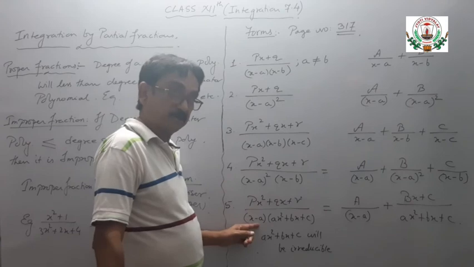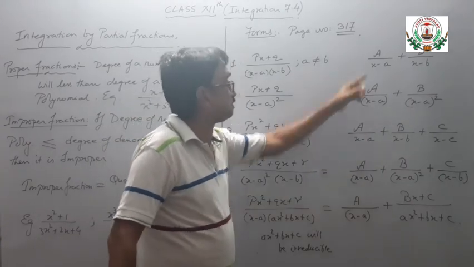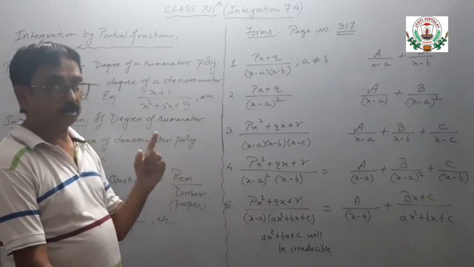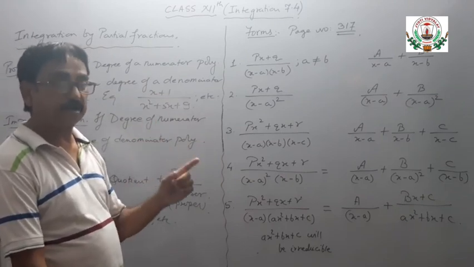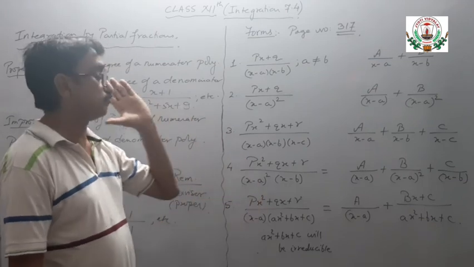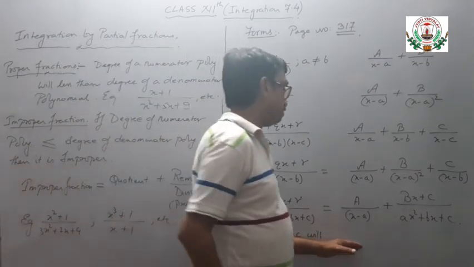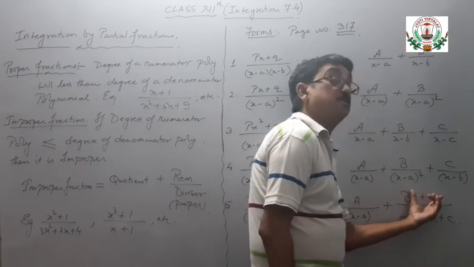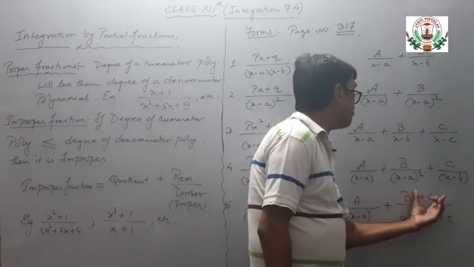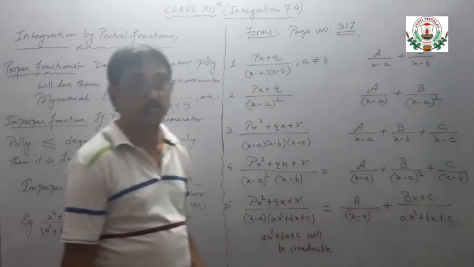First is our linear factor, so A upon x minus a as such, and the irreducible quadratic factor, which cannot be factorized further as a product of linear factors. You have to write just above it the linear equation, general form, bx plus c upon ax square plus bx plus c.